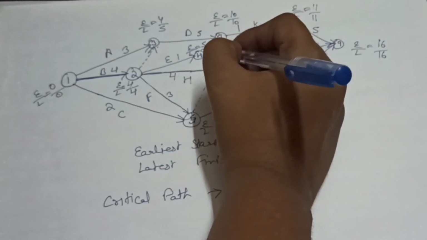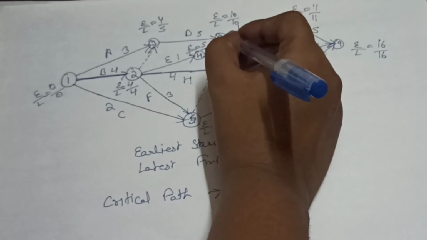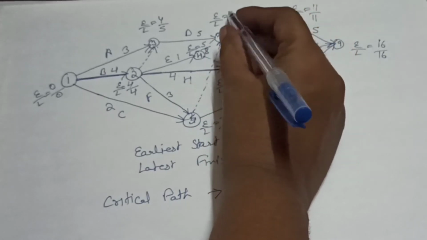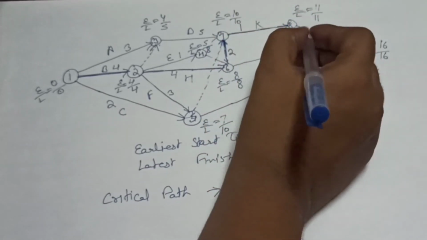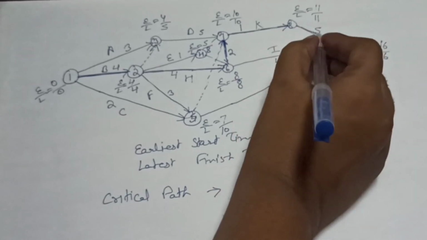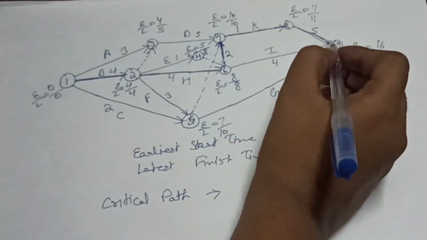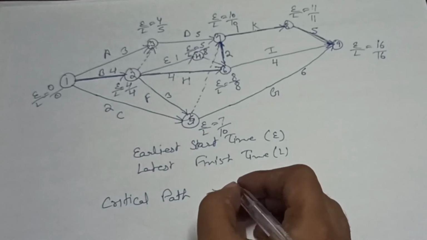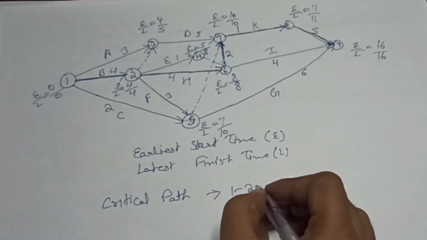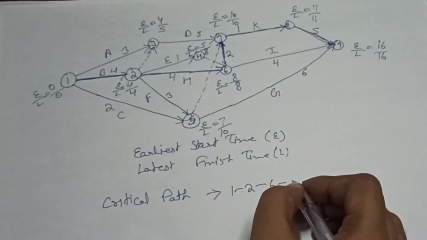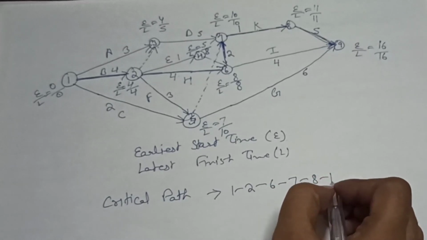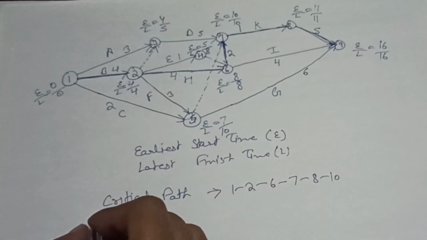After then this activity. This is our critical activity because you can see E and L value are the same for all nodes. Then we will move to this activity. So 1 to 2, 2 to 6, 6 to 7, 7 to 8 and 8 to 10. This is our critical path.